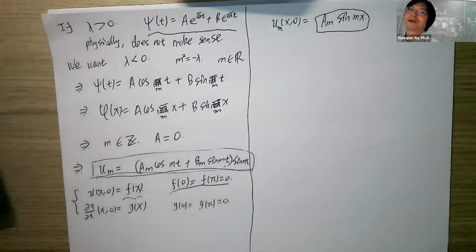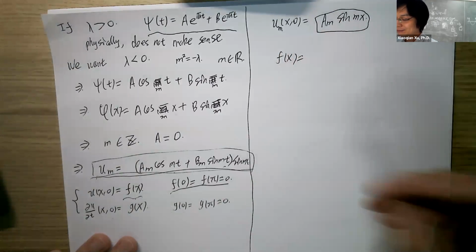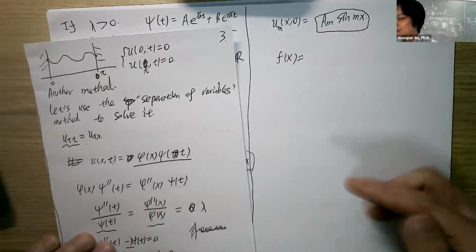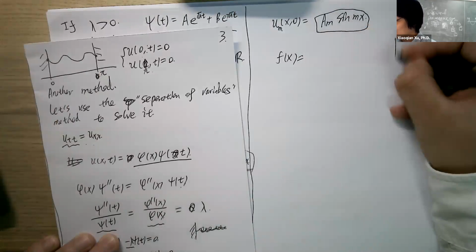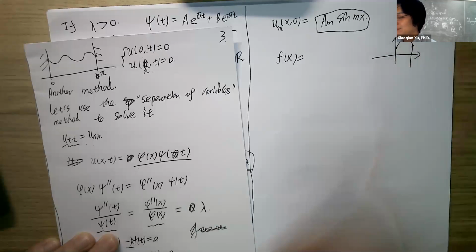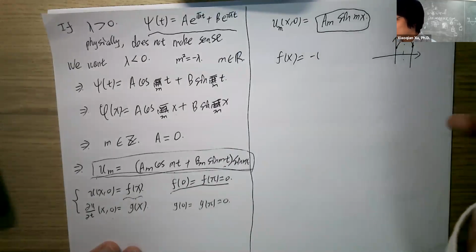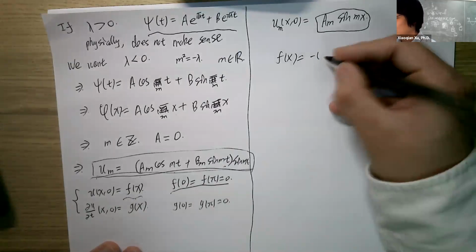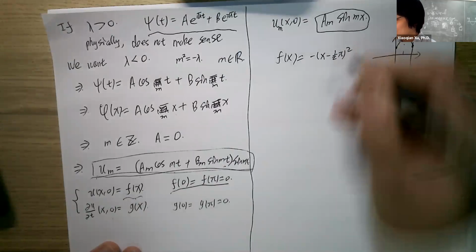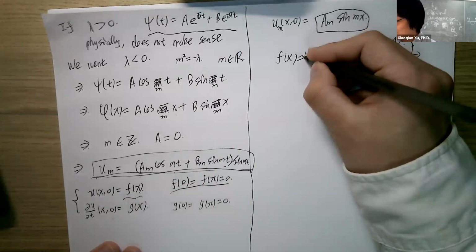But of course, I can set up my f(x) initially to be, for instance, something like minus (x minus half pi) squared, plus 1/4 pi squared.